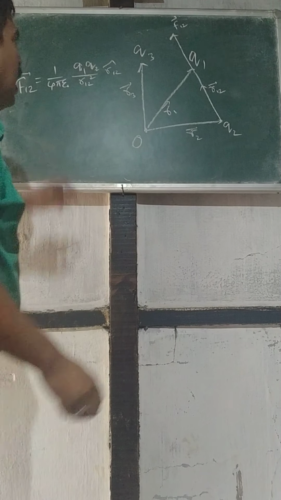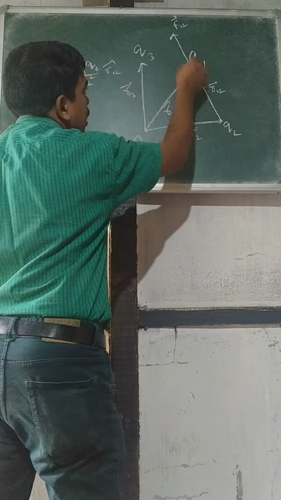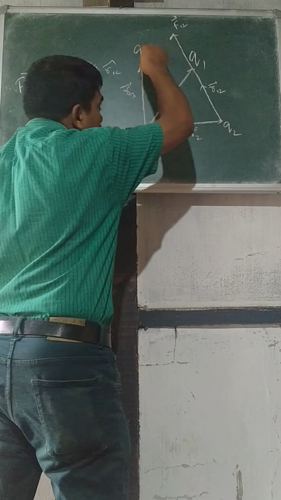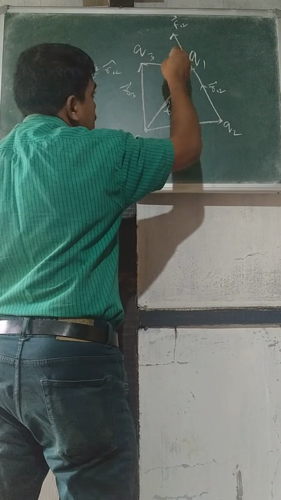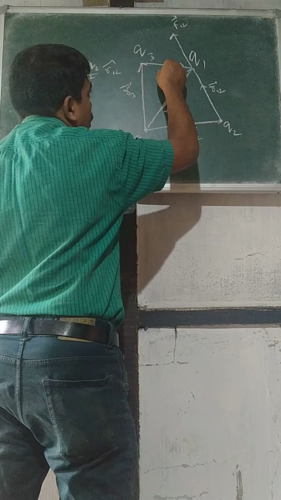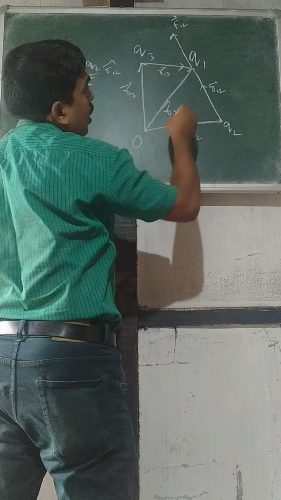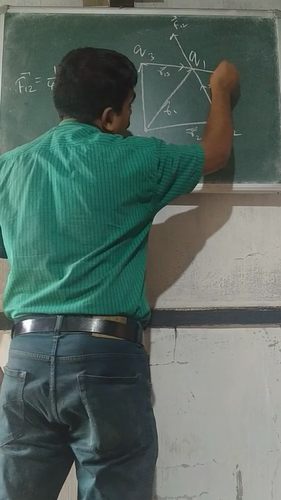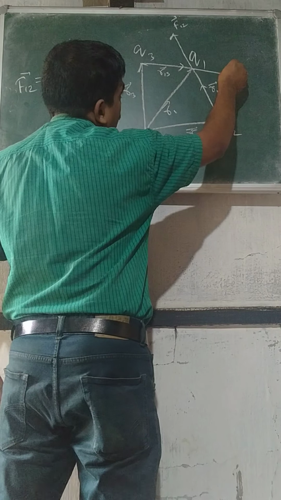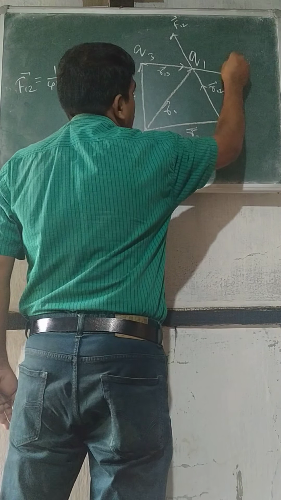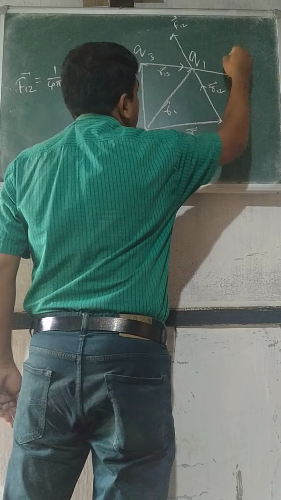And for Q3 and Q1, the force is given by: first the distance is given by R13 this way, and this will be the F13 vector.